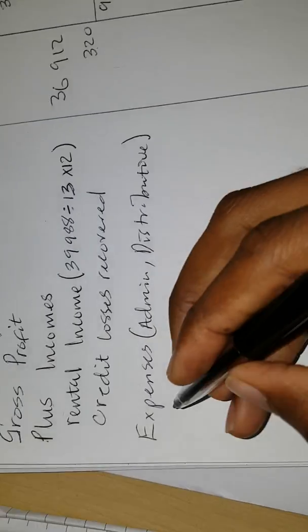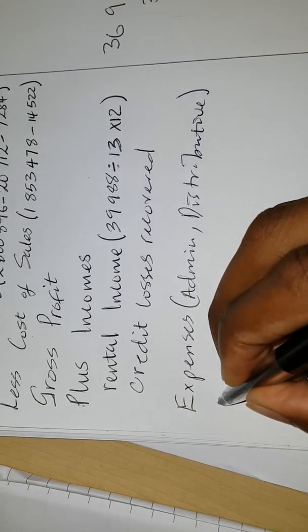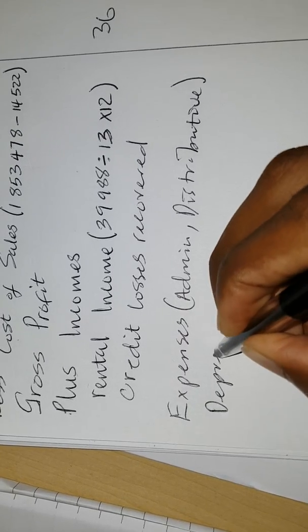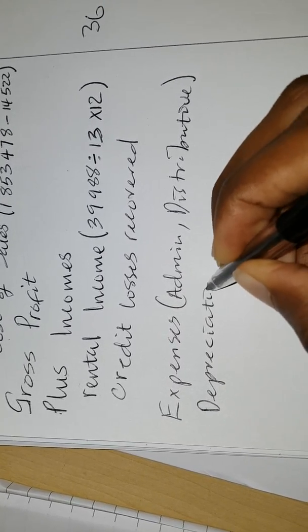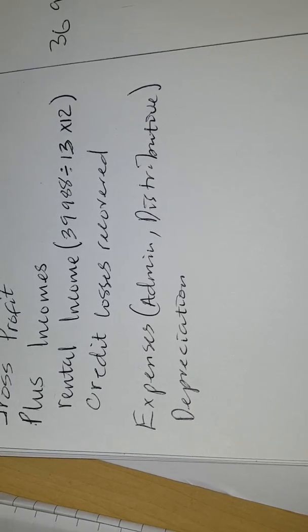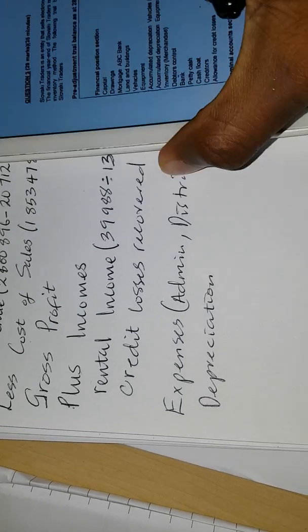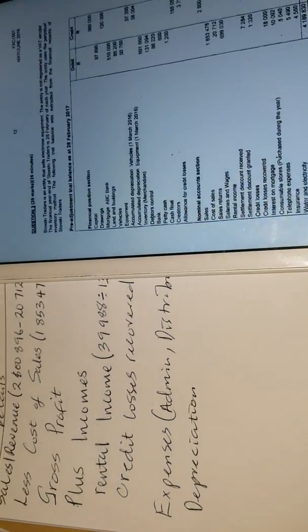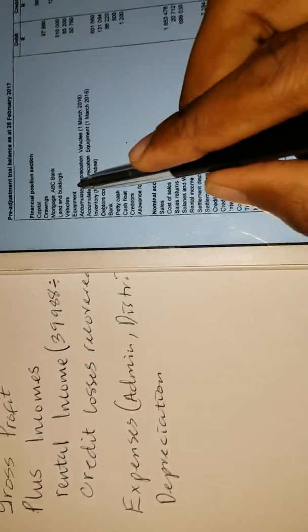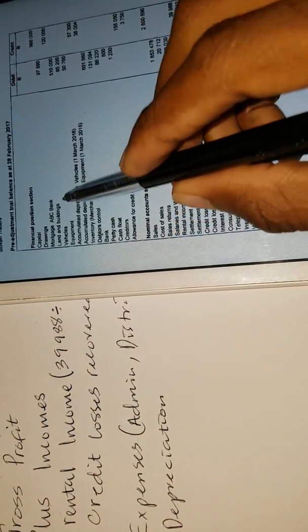I want to start with depreciation because it's sort of long. Okay, so we only depreciate non-current assets like land and building, vehicles, and equipment. This is what we depreciate.